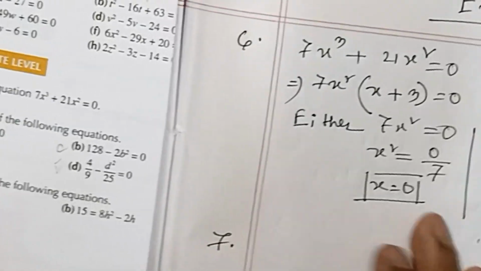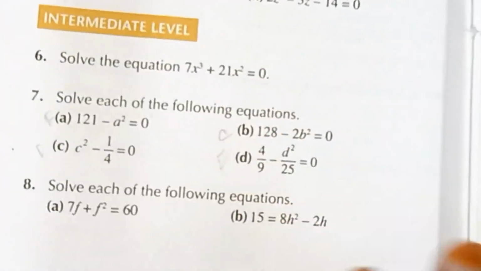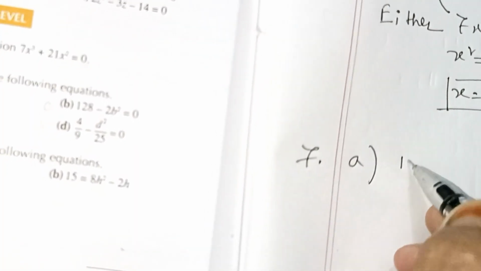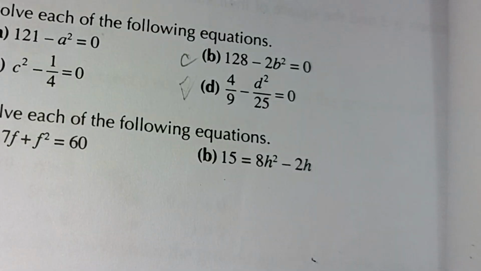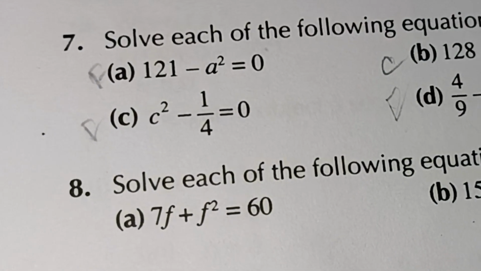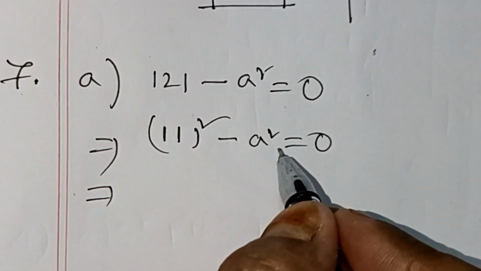Now question number 7. Solve each of the following equations. A, 121 minus a square is equal to 0. At first we break down 121. That means 11 whole square is 121, and a square. Now we use the formula a square minus b square.